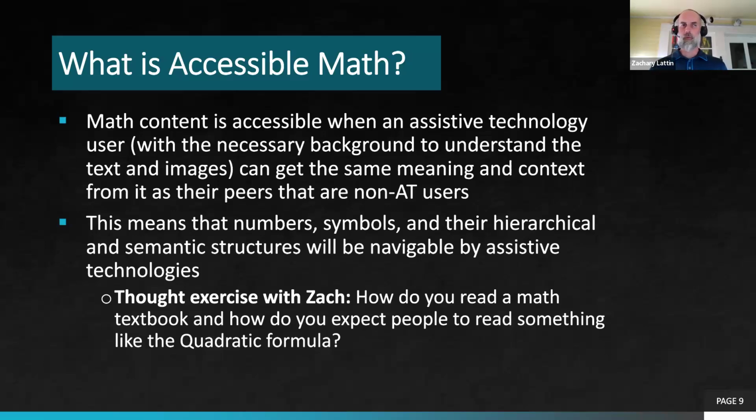So why is it okay to, and we'll get into this, but it shouldn't be okay to put descriptions of equations in image alt text. We need to give assistive technology users the same ability to read math in the way that you, as a professional, are used to reading math.